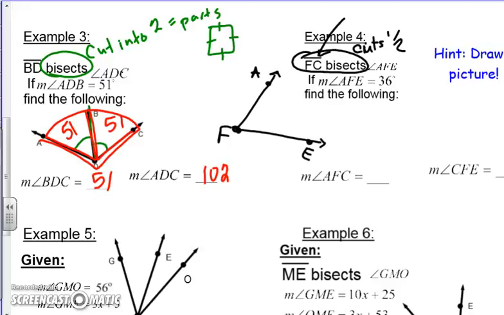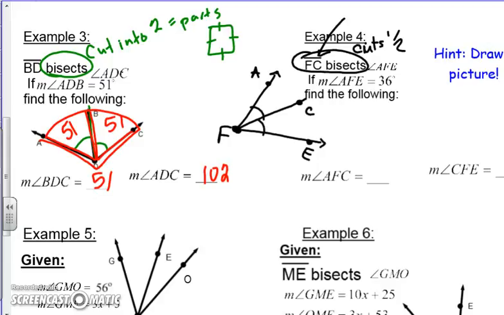How many F's can I have on a problem? 1. So that goes through here. So where is C going to be? It's going to be in the middle somewhere. It's going to bisect. So that means that these two things right here are cut into two equal parts. Put the marks so you don't forget, right? Make sure you're putting those marks.